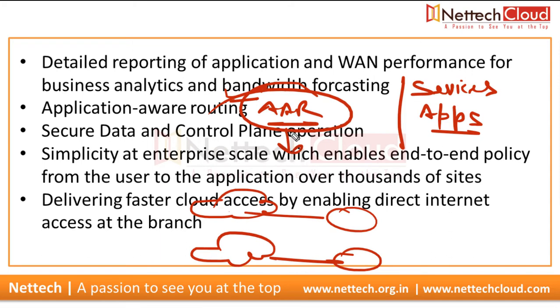That's what application aware routing means. In traditional networking, to do application aware routing, the only option is creating an ACL, matching with the ACL, then creating a route map, and with the route map we can do some kind of service based routing.